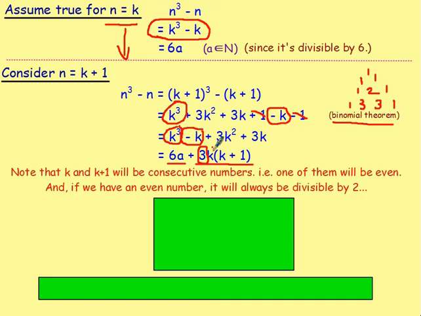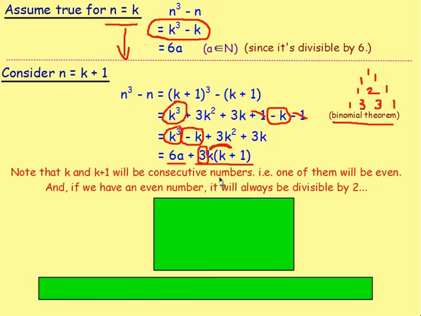However, if you think about it, you've got a k and a k plus 1. So k can be any number at all, pick any natural number, and k plus 1 will then be 1 above it. So really what you've got is 2 consecutive numbers. And if you have 2 consecutive numbers, in other words a number and the number straight after it, one of them will always be even.